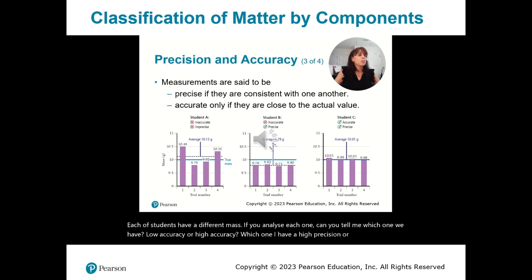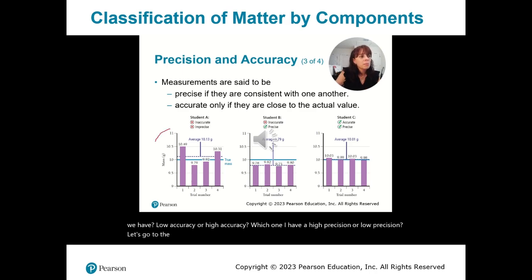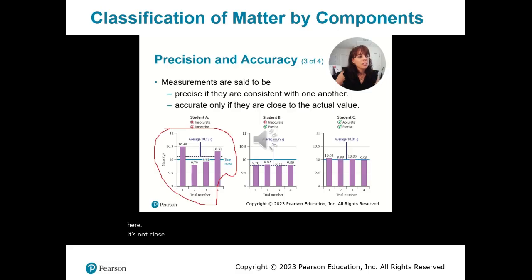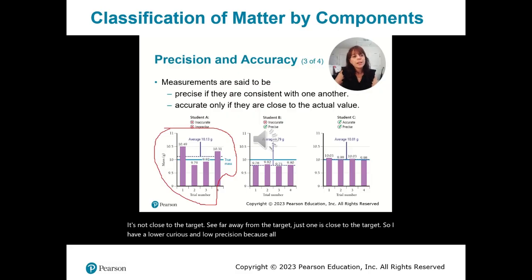Let's go to the first one. Look at this. I made a graphic. The graphic is easier to understand. So here is not close to the target, far away from the target. Just one is close to the target. So I have a low accuracy and low precision because all the samples are different, right? And here, in the second student, look how precise this student is.